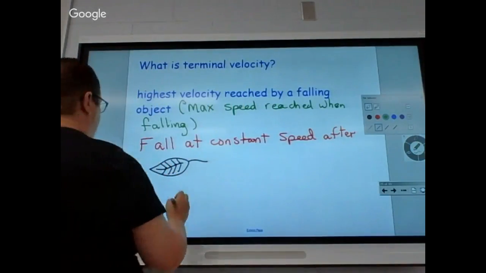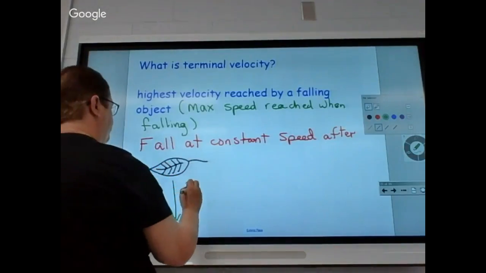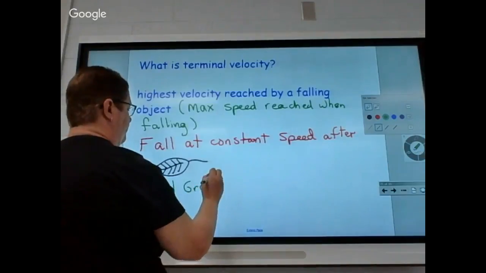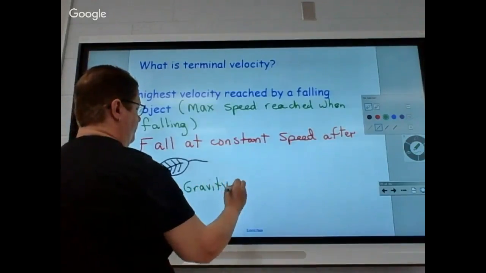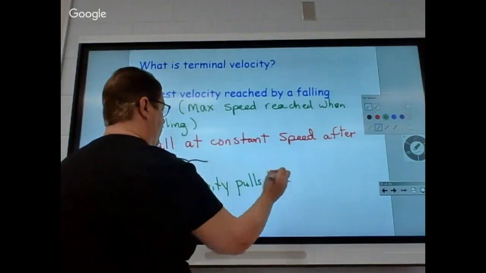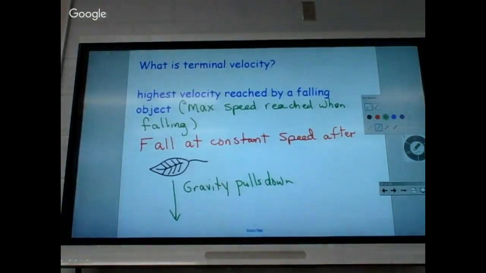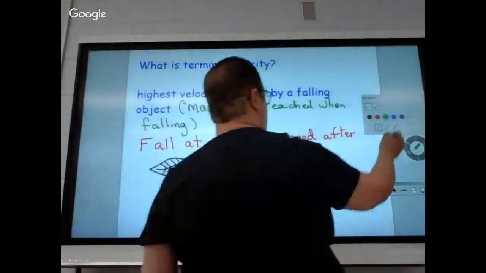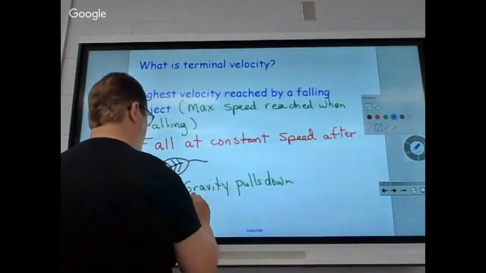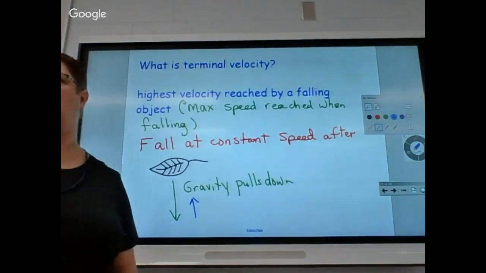All right. So what pulls down on the leaf? Okay. Gravity pulls down on the leaf. Now, when gravity pulls down on the leaf, what is pushing up on the leaf as it falls?